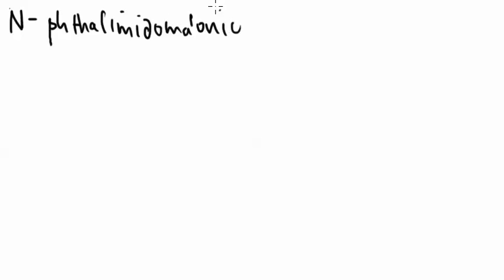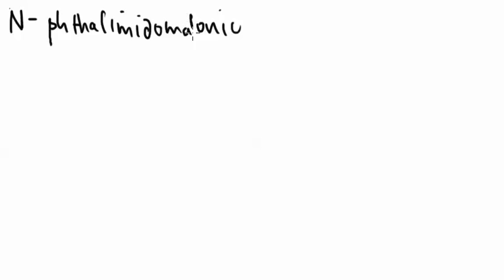So maybe that's the same case. We'll see when we take a look at the reaction, but this reaction starts off with a PH, so an F sound, right? And then what comes next is thal, imido, malonic.